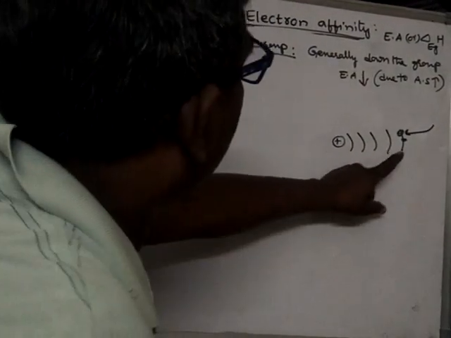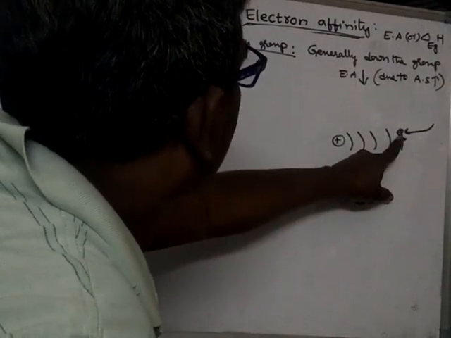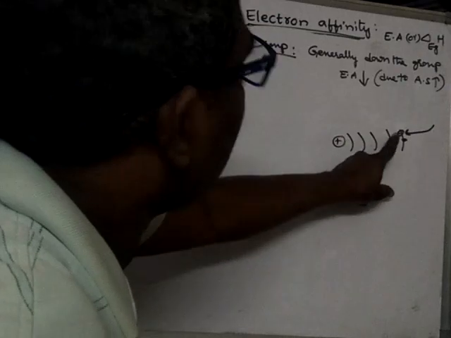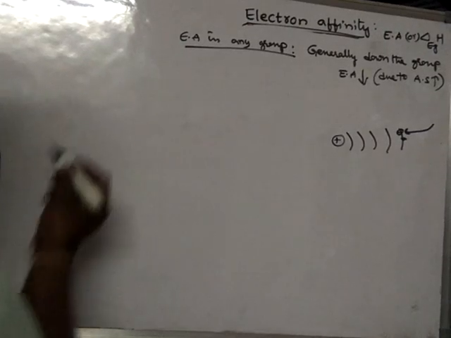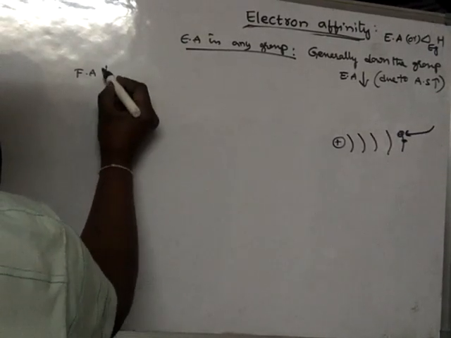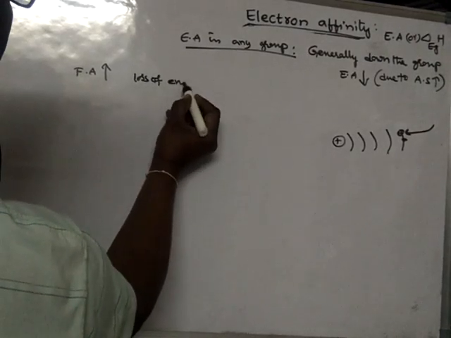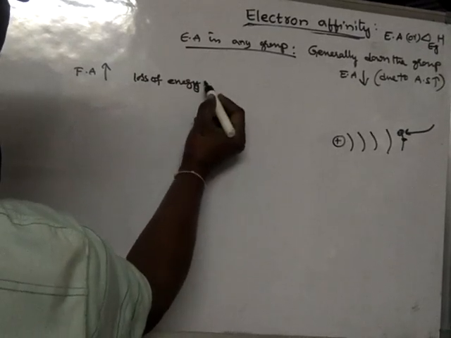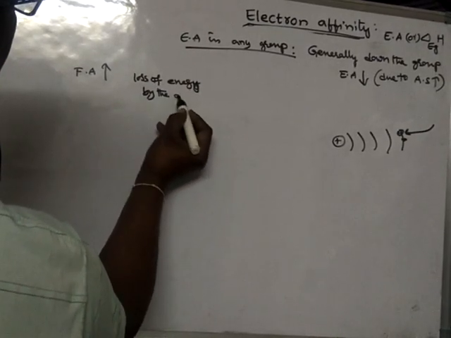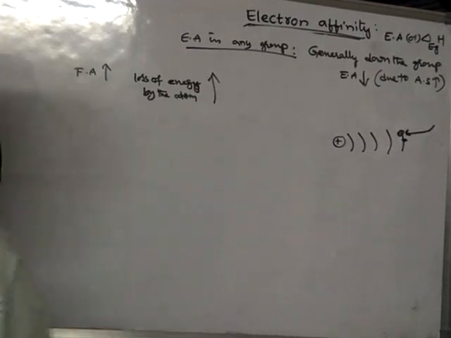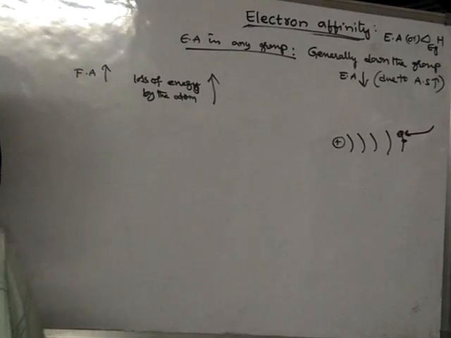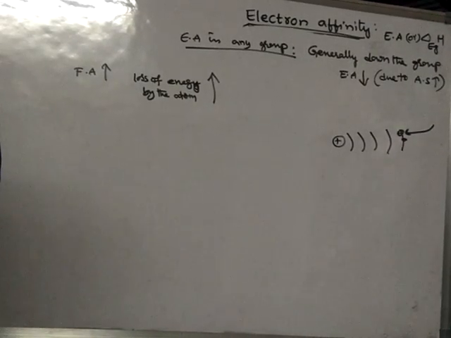So when the added electron is far away from the nucleus, the force of attraction between the nucleus and the electron is less. Whenever the force of attraction increases, the loss of energy by the atom increases. If the force of attraction of the nucleus on the added electron is less, there will be less release of energy.